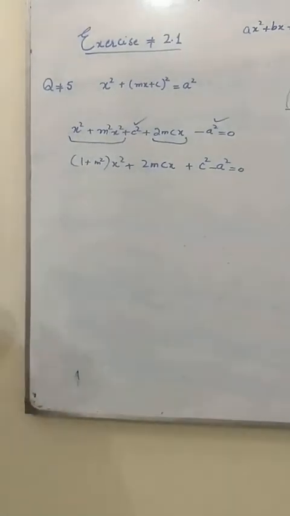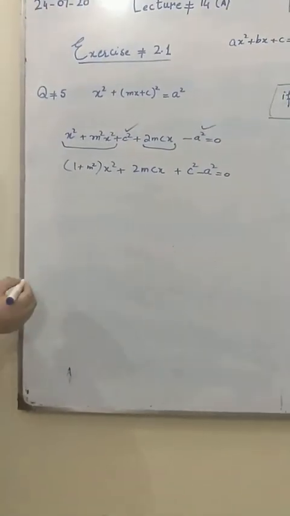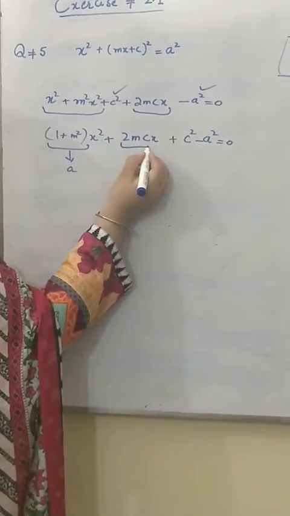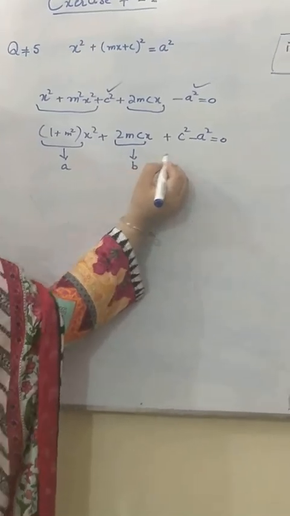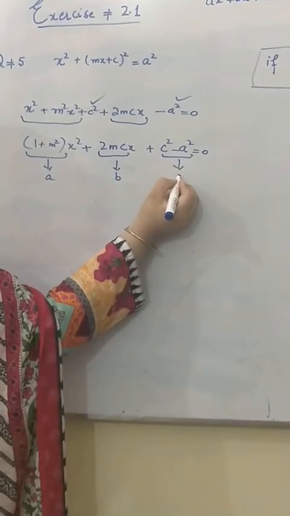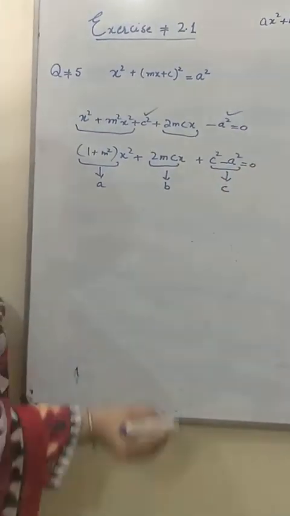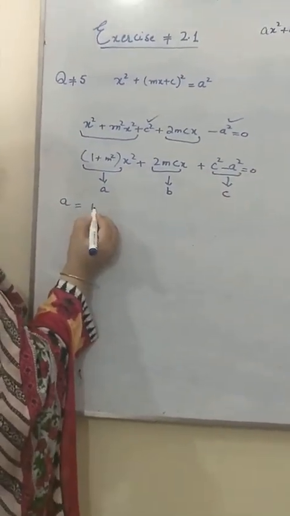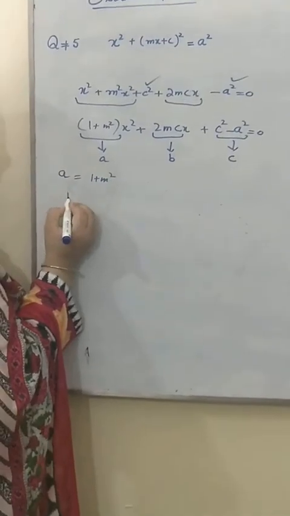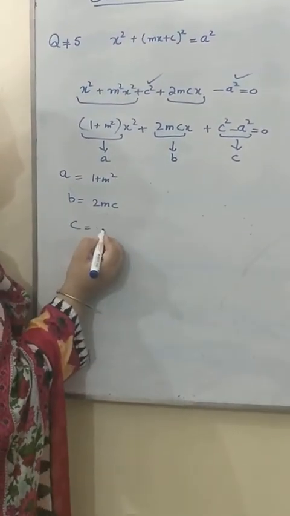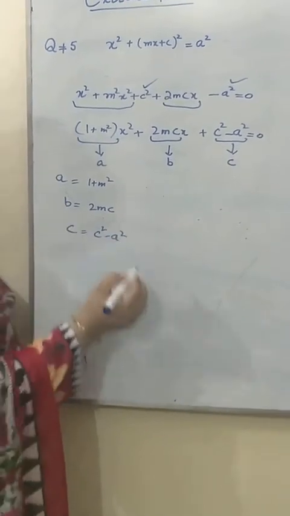Now this is the standard form of the quadratic equation in which this is a, this is b, and this is c. ax square plus bx plus c is equal to 0. So a is equal to 1 plus m square, b is equal to 2mc, and c is equal to c square minus a square.